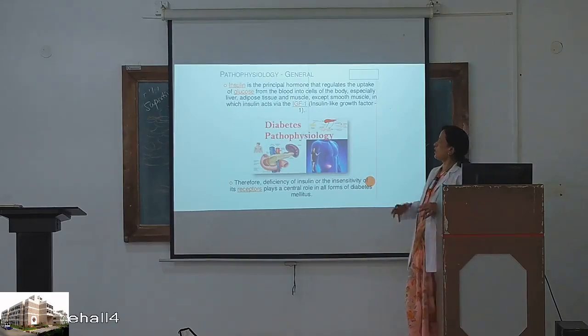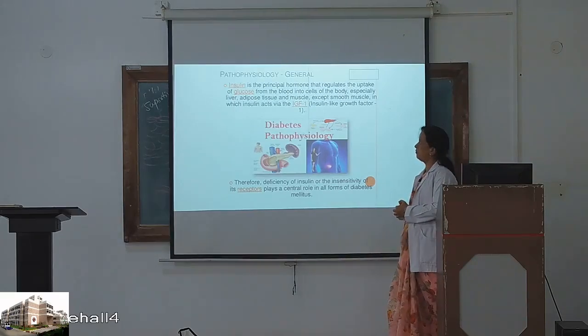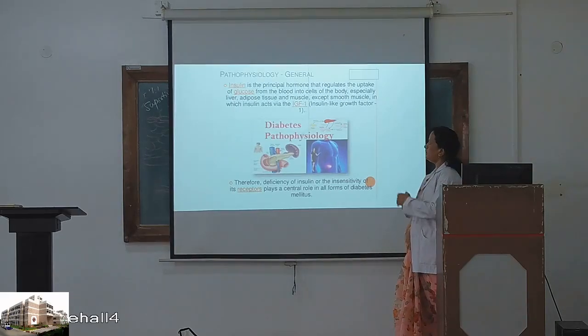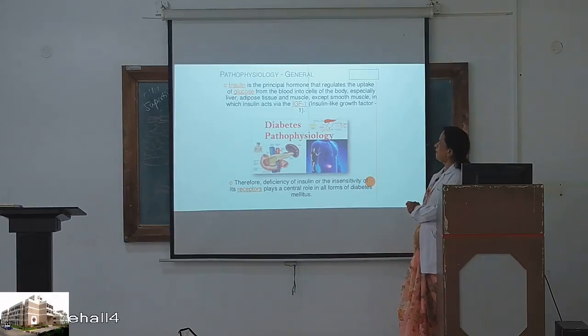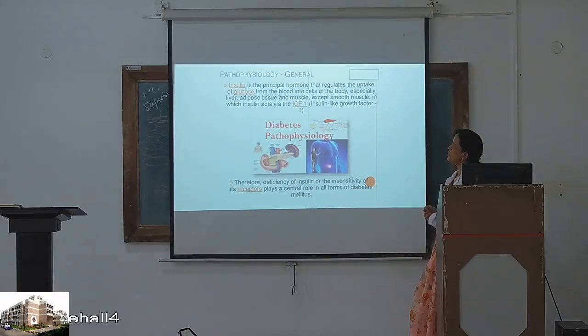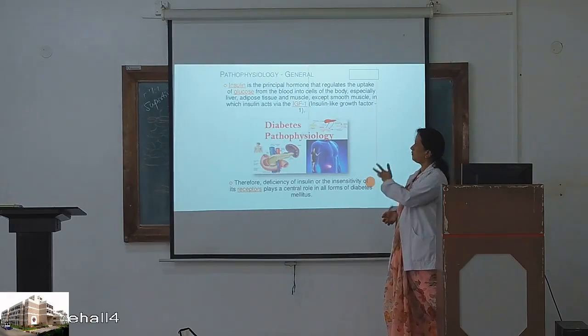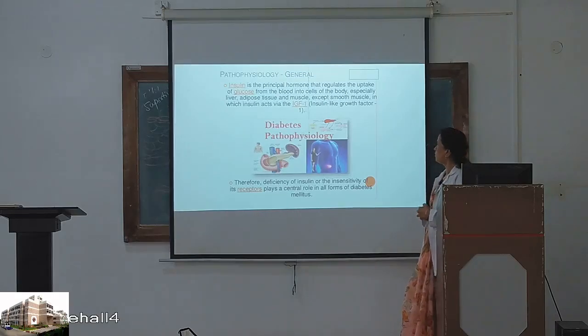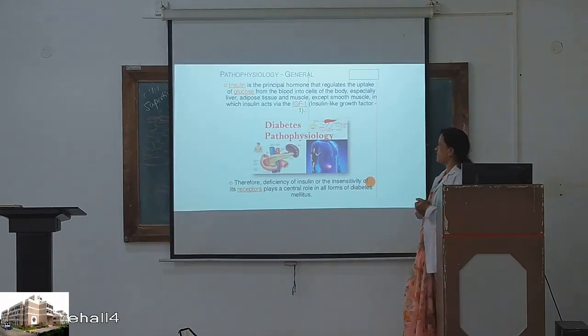Insulin is a potent hormone that regulates the uptake of glucose from the blood into the cells. Insulin is important especially in the liver, adipose tissue and muscle, except smooth muscle, where insulin acts via insulin-like growth factor 1. So what happens with insulin deficiency?